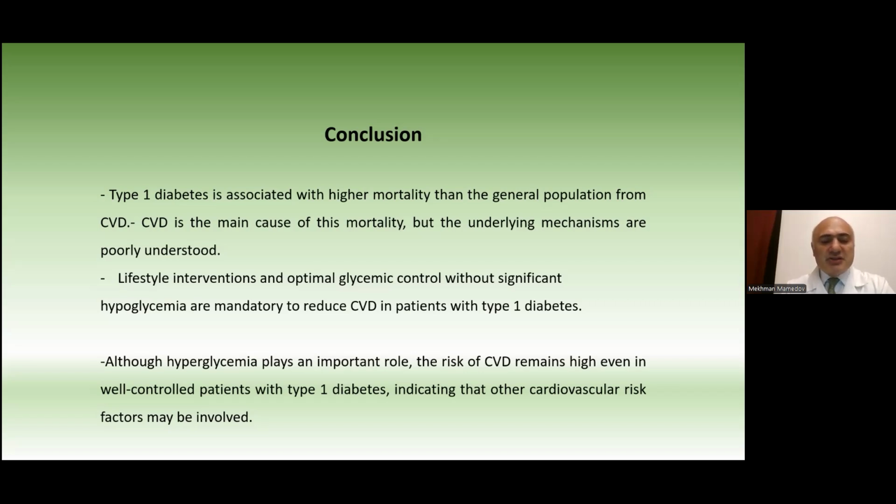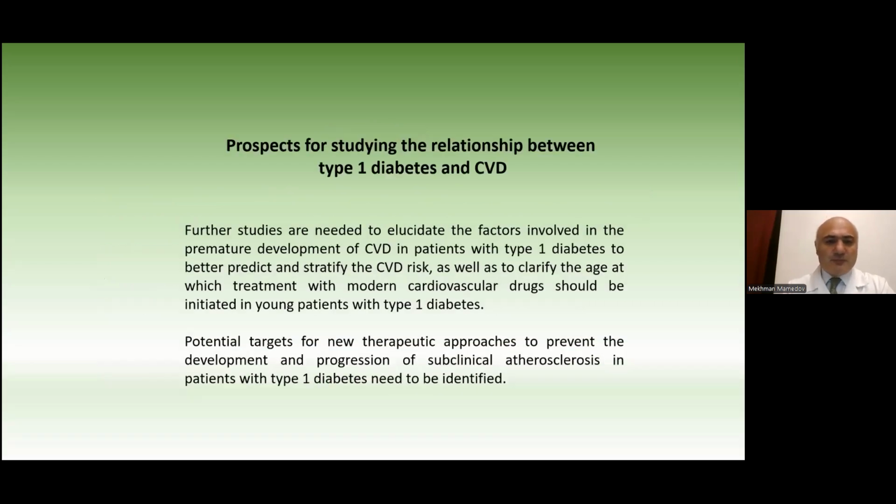Chronic hyperglycemia plays an important role. The risk of cardiovascular disease remains high even in well-controlled patients with type 1 diabetes, indicating that other cardiovascular risk factors may be involved. It needs complex correction.